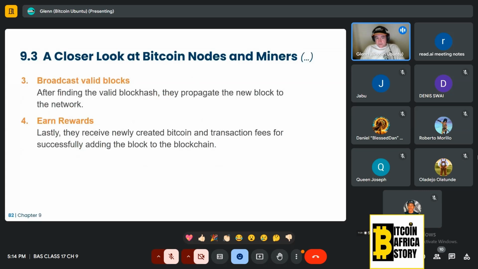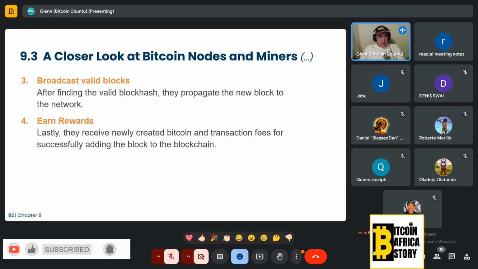Broadcast valid blocks. After finding the valid block hash, they propagate the new block to the network. And 4. Earn rewards. Lastly, they receive newly created Bitcoin and transaction fees for successfully adding the block to the blockchain.